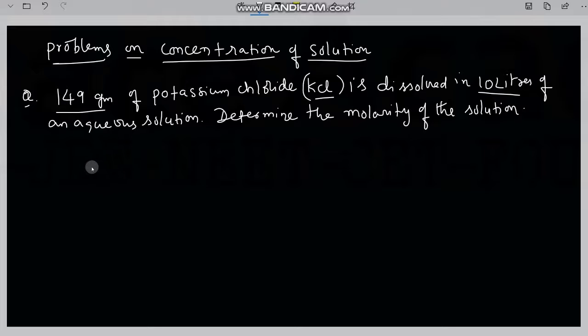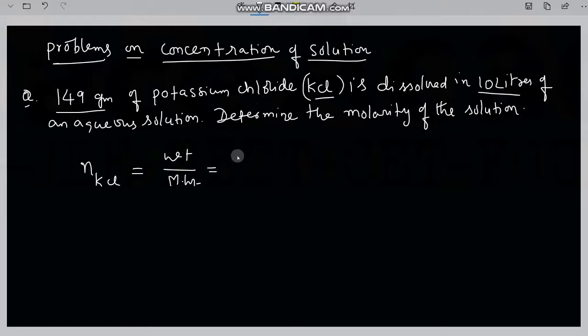First of all, we should know the number of moles of KCl. That equals the weight of the substance divided by its molecular weight or formula weight.